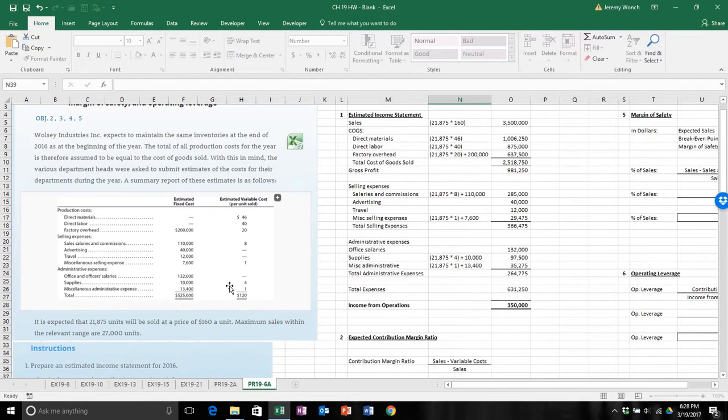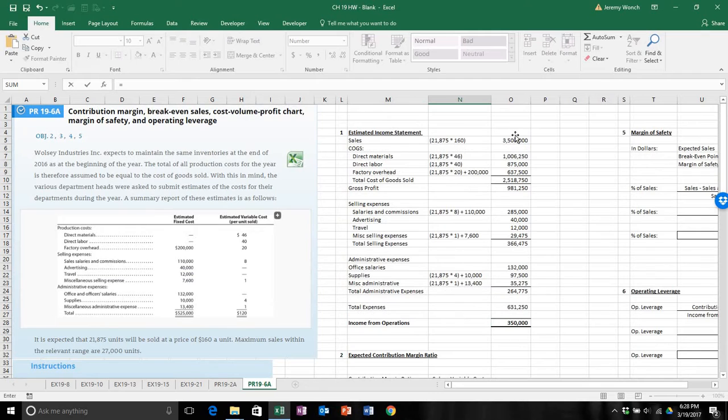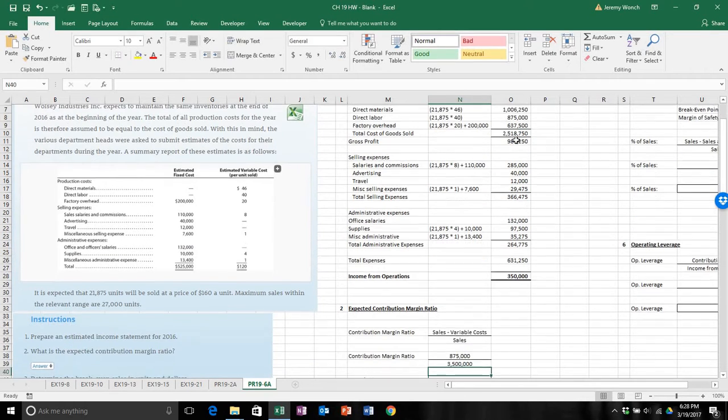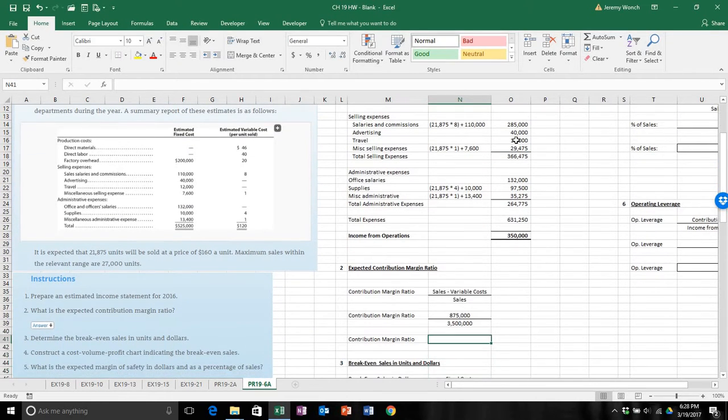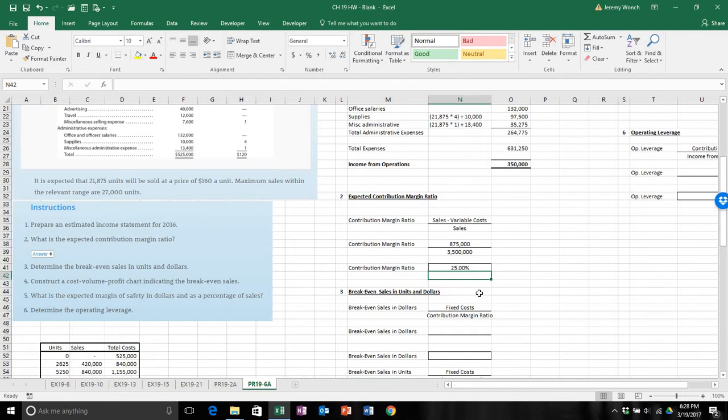That will give us our total variable cost. So that means we have a contribution margin of 875. Divide that by our sales, and it is 25%. So for every dollar that we sell, 25 cents is going to be available for fixed cost.